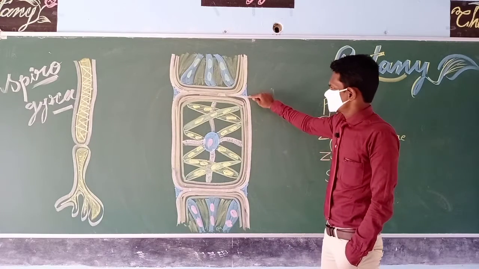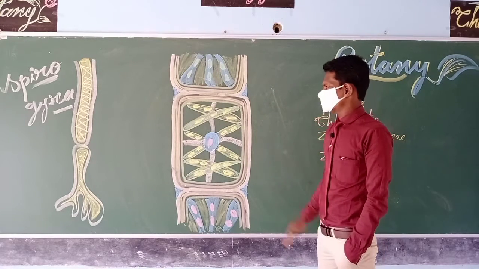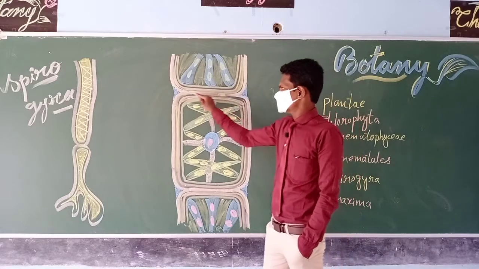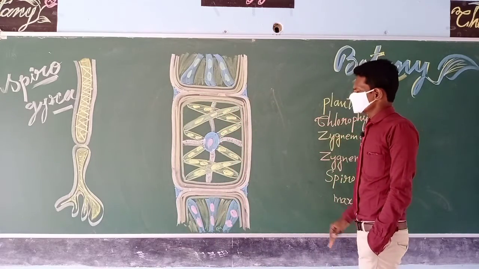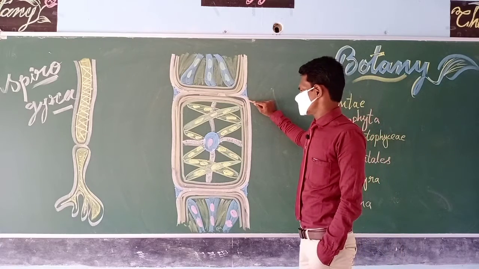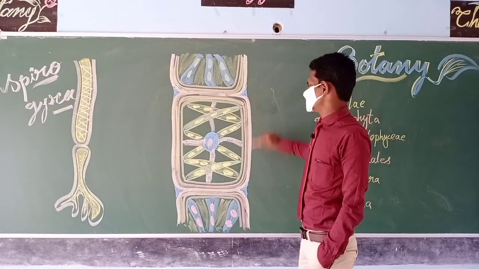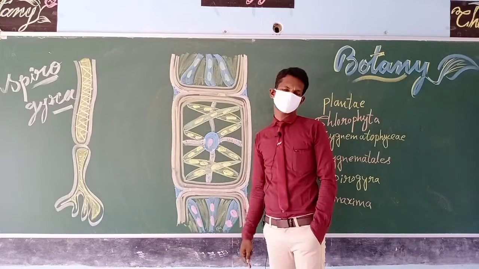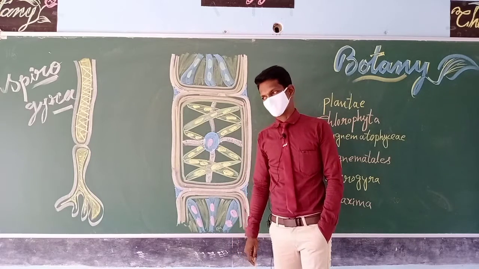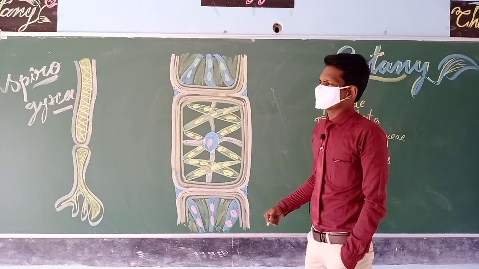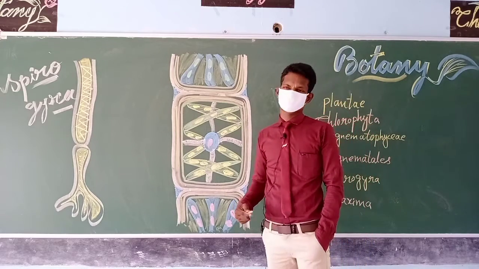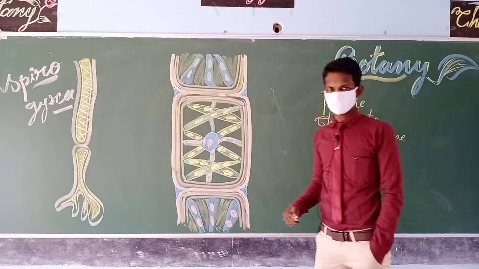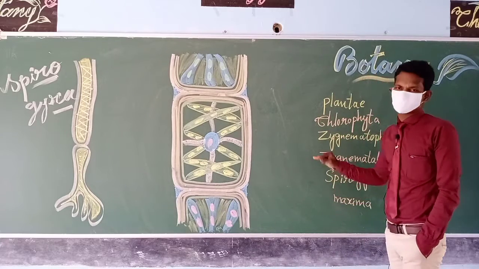So here the outer cell wall is made up of pectin. In the presence of water, this pectin is converted into pectase. Then this forms the gelatinous sheath around the cell of the Spirogyra. Mostly it reflects the sunlight because it looks shiny, and it is known as water silk or silk of the water bodies.